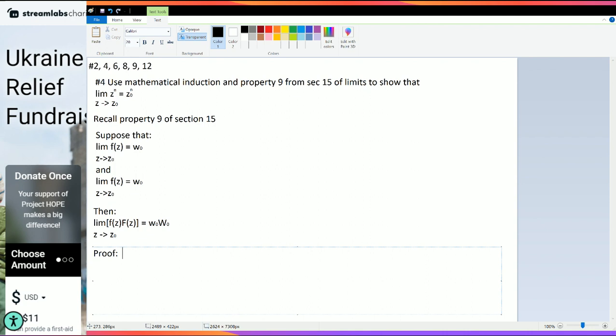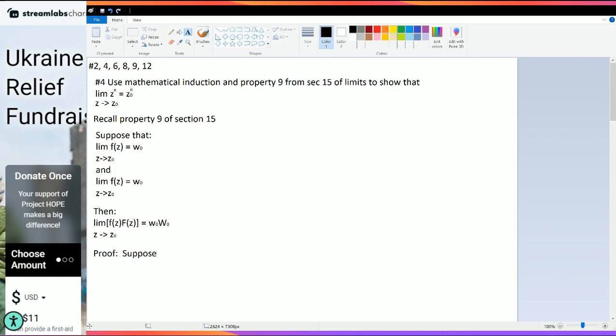No, actually, induction is base case and then induction step. So suppose, we will show, observe by property 9. Actually, suppose this bit right here.